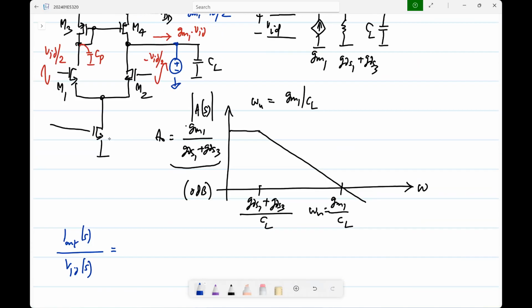This is diode connected, so it has a resistance 1 by GM3 or a conductance GM3. So what is the pole frequency? GM3 by CP. So the denominator will be S times CP by GM3.